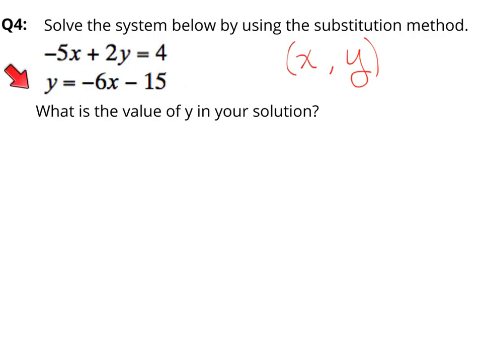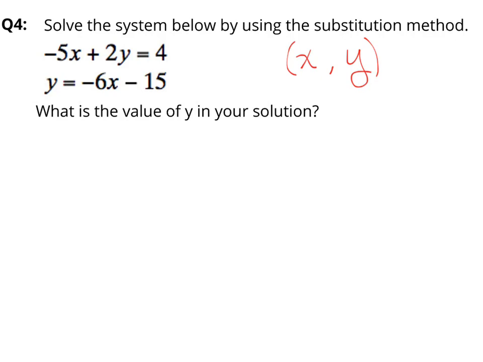So here we go. In order to use the substitution method, we want one of our equations, at least one, to be either solved for x or solved for y. In this particular case, we have this equation here, which is already solved for y. So we know that y is negative 6x minus 15, right?